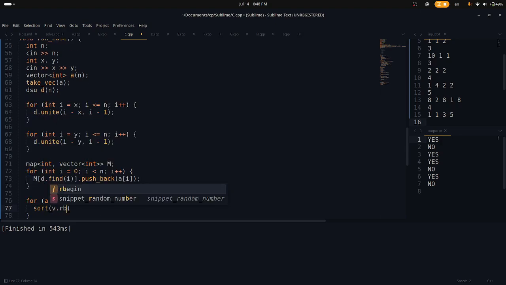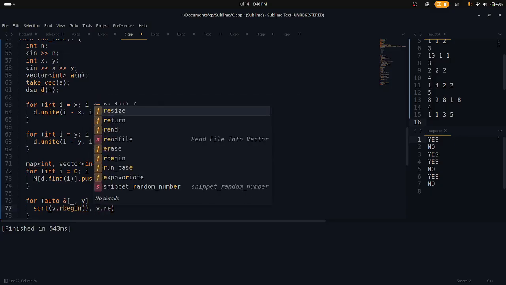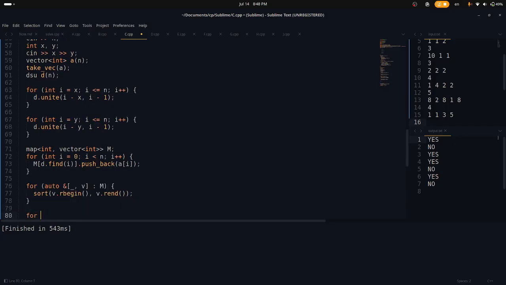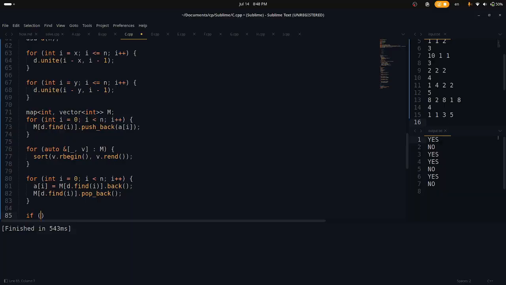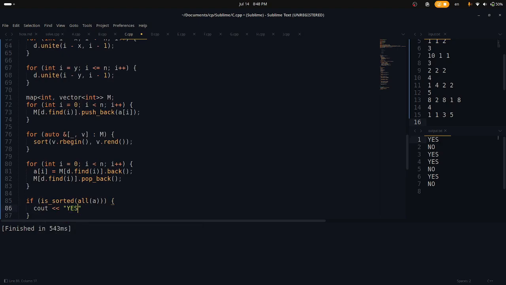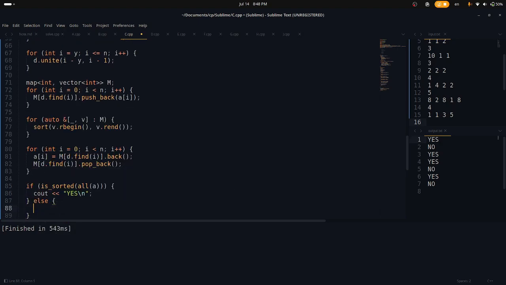Sort p, then we just do this. a of i is equal to m of d.find of i .back, then pop back. Now we'll just see if we sorted it. If so, then yes, otherwise no.